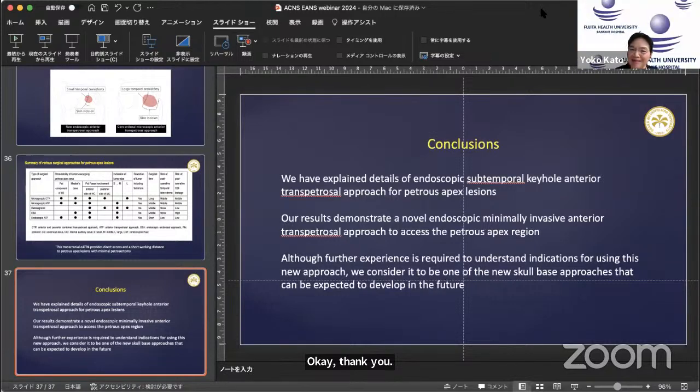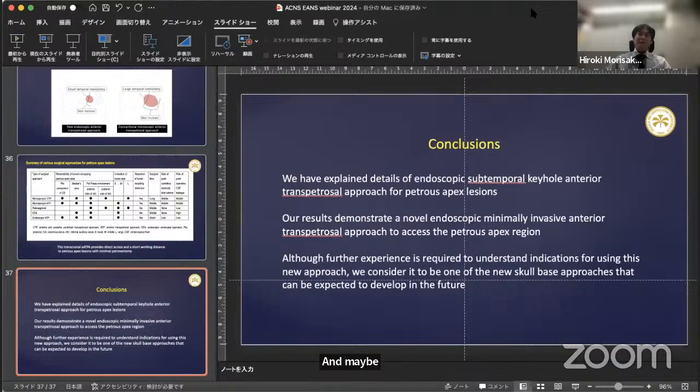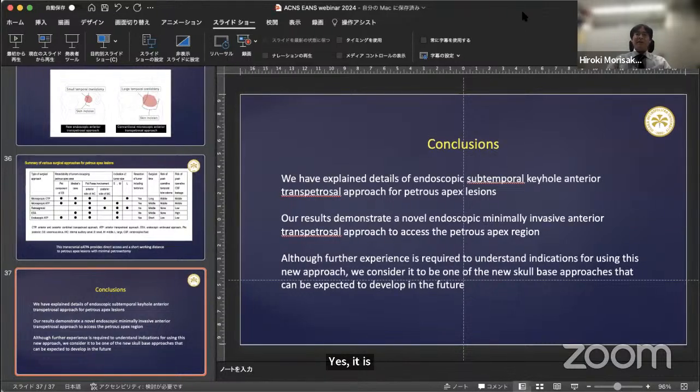Yes. Maybe so. Of course, the anatomical understanding around the petrous apex region is very important. So cadaveric dissection or some special training is required to start this new technique.